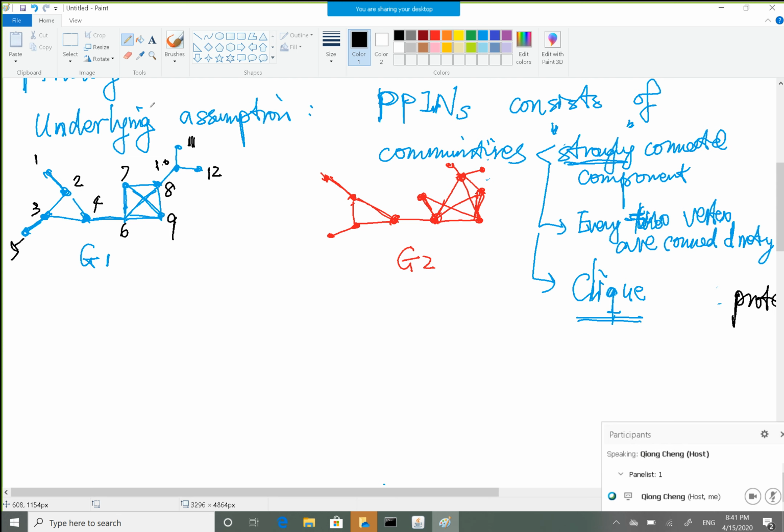So 2, 3, 4 form a three clique. And then take a look at this one: 6, 7, 8, 9 form a four clique, a four-node clique. So you can see here.